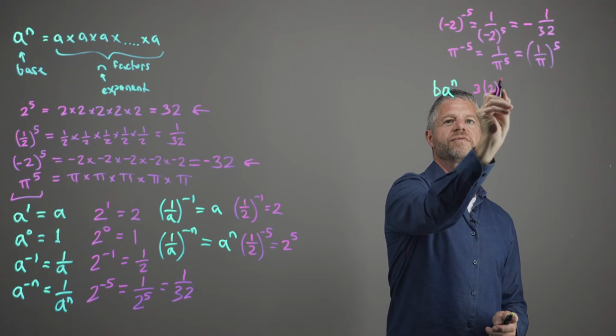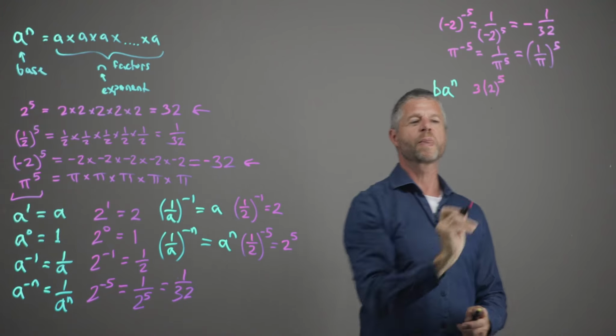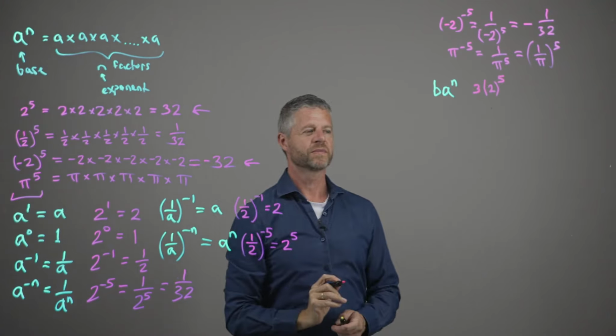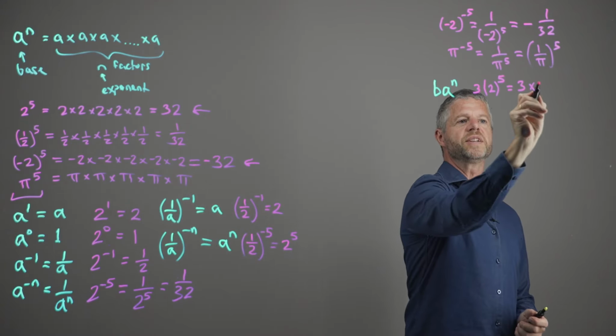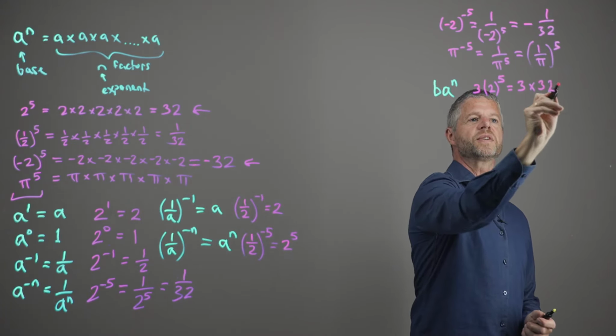And let's have n be 5. So this is equal to 3 times 2 to the 5. And 2 to the 5, that's an example we did earlier, that's 32. So 3 times 32, which is 96.